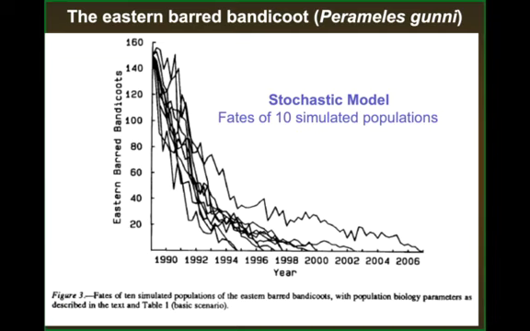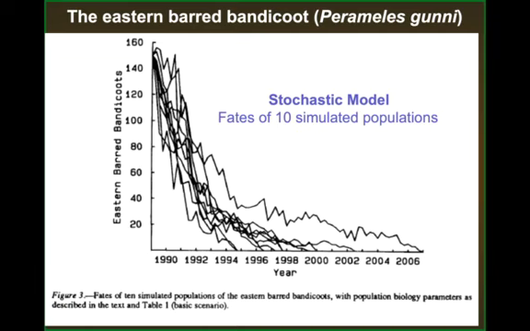So under the basic scenario, starting in about 1989, what we see is that most of the runs or simulations have the population crashing somewhere around 1996 to 1999, with a few outliers that allow the population to go out as long as 2007.